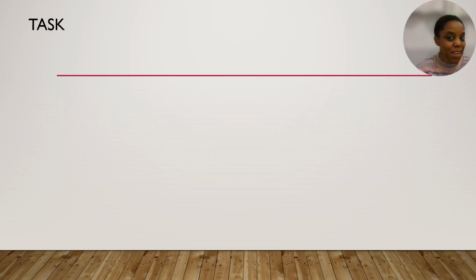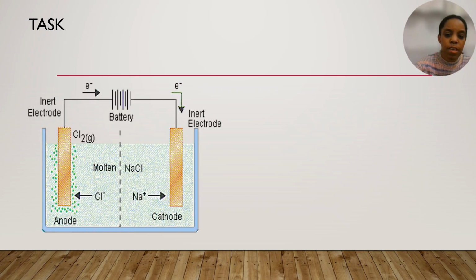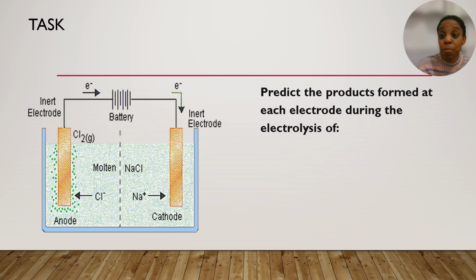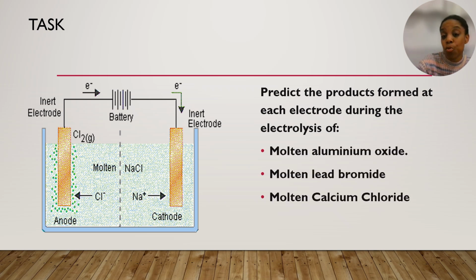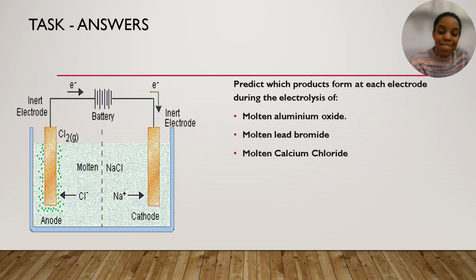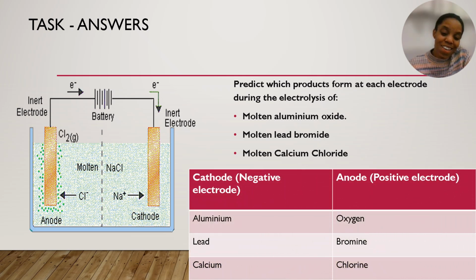Activity time. Based on the example that we have done before, do you think you'd be able to predict the products that would be formed from the electrolysis of these three ionic compounds? You can pause the video and try to figure it out. So, how well do you think you did? Were these your answers? Aluminium, lead, and calcium are positive ions, so they would have been attracted to the negative electrode.